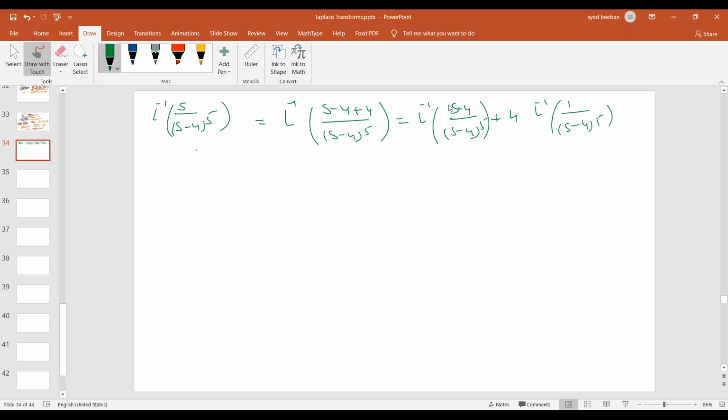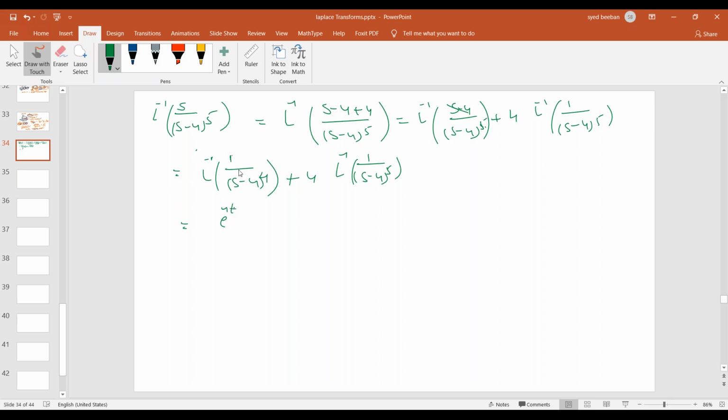Then you can cancel this s minus 4 one time. So the first term would be L inverse of 1 by s minus 4 whole power 4 plus 4 times L inverse of 1 by s minus 4 whole power 5. This one I can write clearly as e power 4t, since it is minus, I need to make it plus.